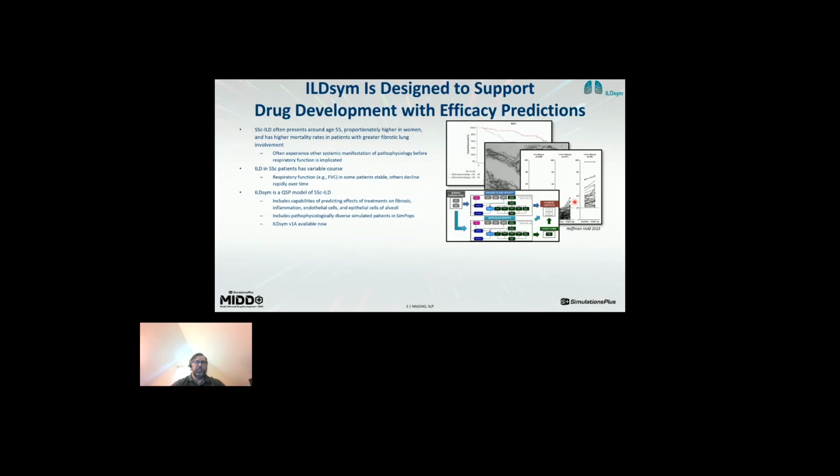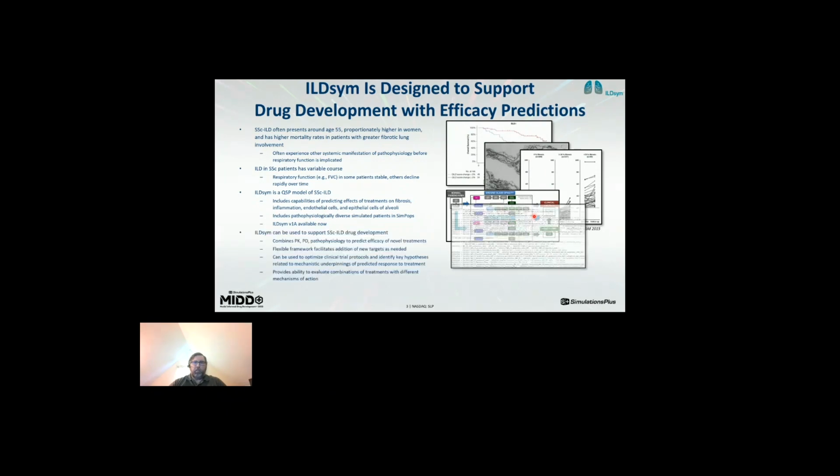We want to capture all these different aspects in the actual model development. I'll dig into this diagram a bit more, but we want to be able to predict the effects of treatments on fibrosis, inflammation, the lung alveoli, and then the ultimately relevant clinical outputs. That's what we're trying to get at and discuss.